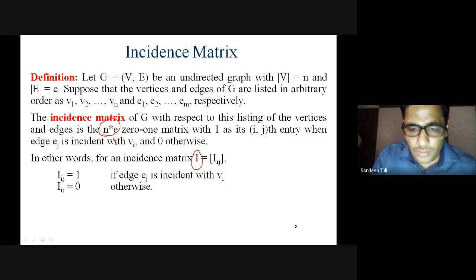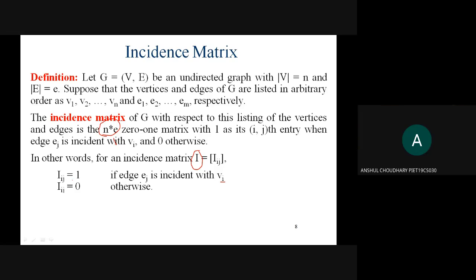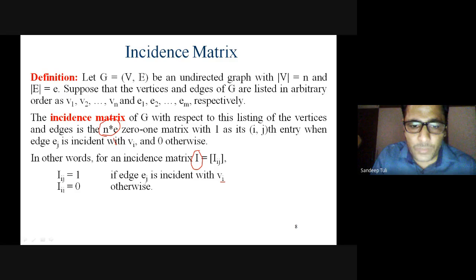So I is here representing what? Rows or columns? Rows. And J is representing what? Columns. So in the matrix that I form, this will also hold: E will be on the columns and V will be on the rows. The vertices will be in the rows.